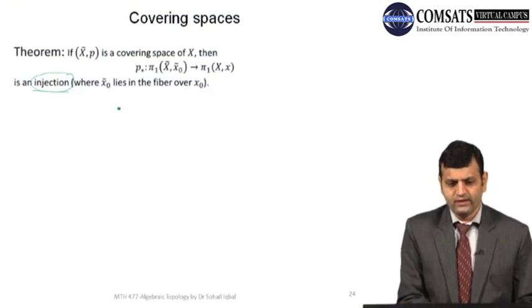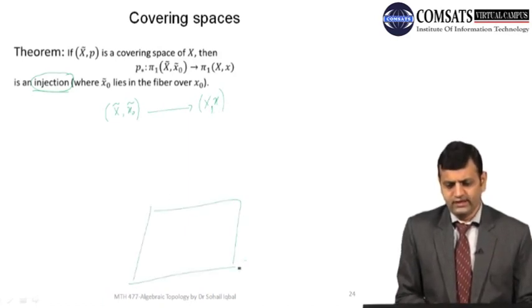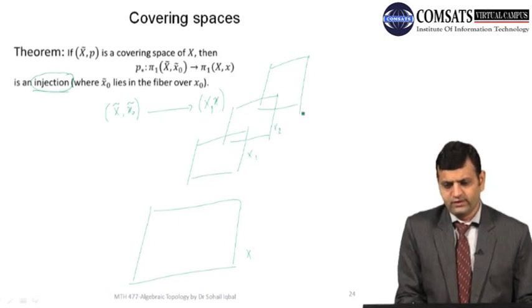So if we have a map from x tilde, x naught tilde to x, x naught, of course once again, if we have a sheet x and there are many sheets above it, let's call them x1, x2, x3.